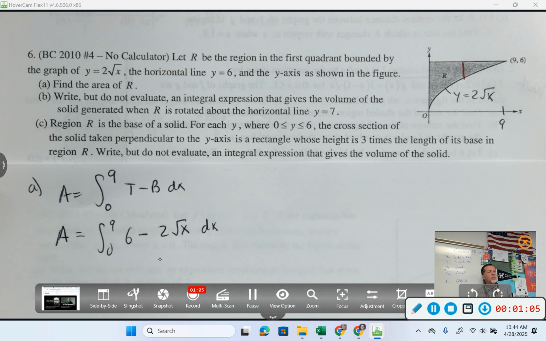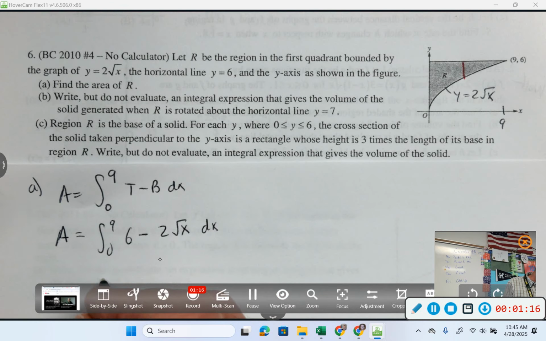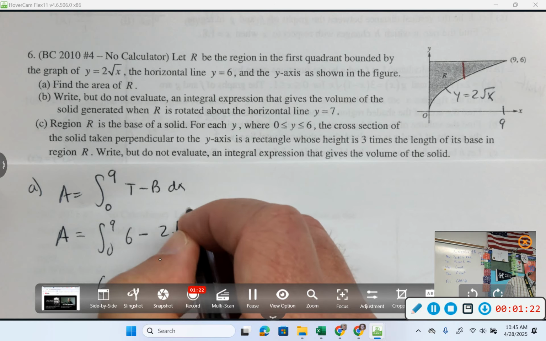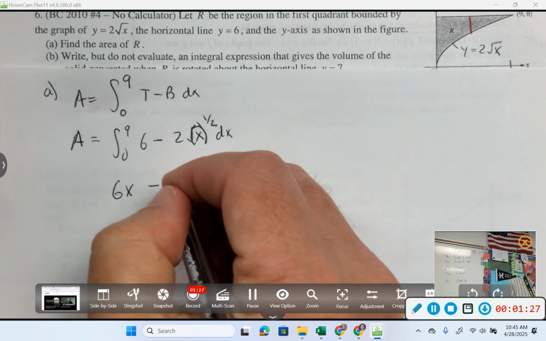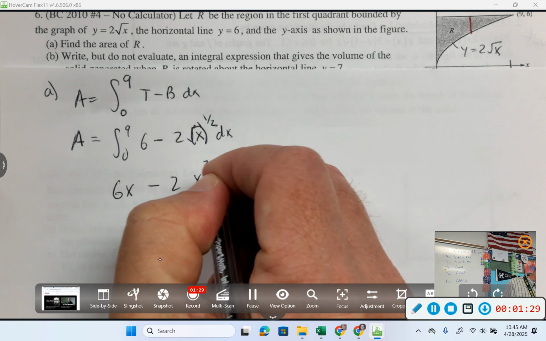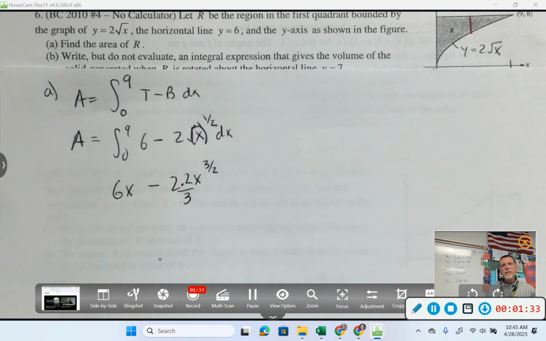Oh, no calculator, so I've got to do this by hand. That would be 6x minus, let's see, I'm going to rewrite that as x to the 1/2. That's going to be easier. So 2x to the 3/2 times 2/3.